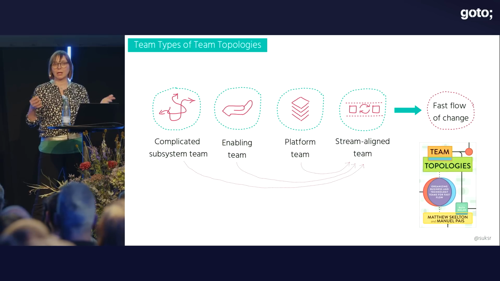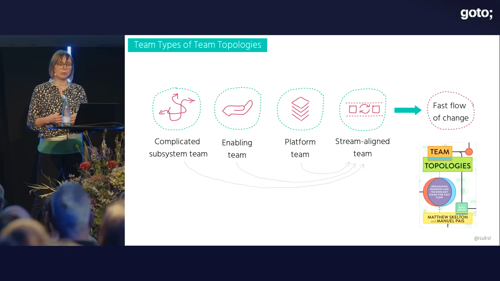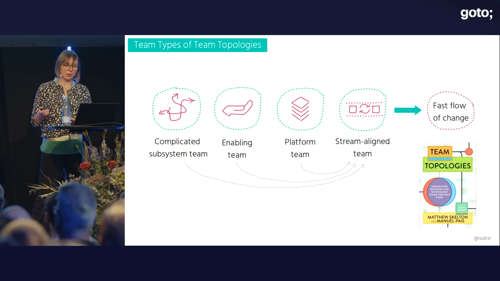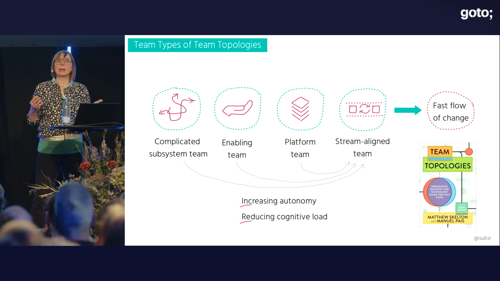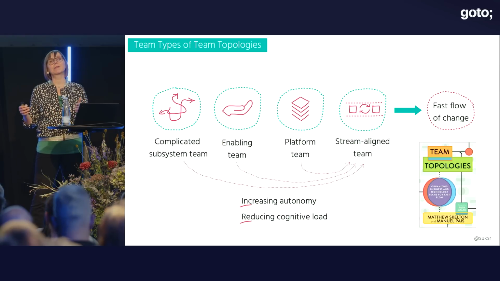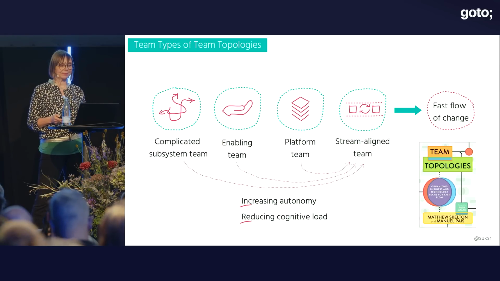For example, currently it might be an AI platform, or it could be face recognition, video encoding, and something like that. Or specific mathematical model, for example, in the insurance industry. So they all aim to increase the autonomy and reduce the team cognitive load of the streamline teams to enable a fast flow of change in the end.